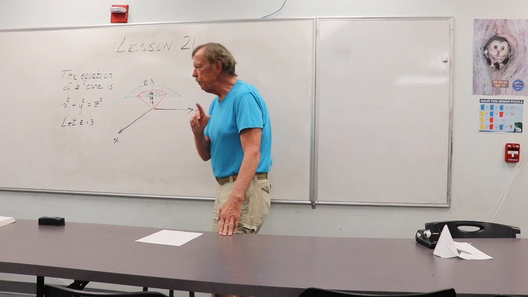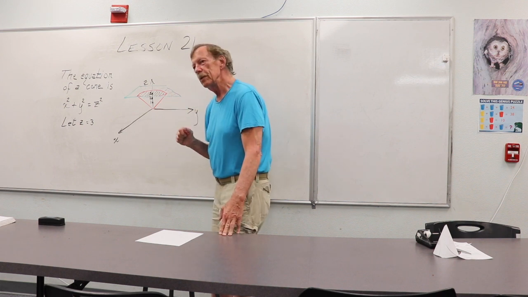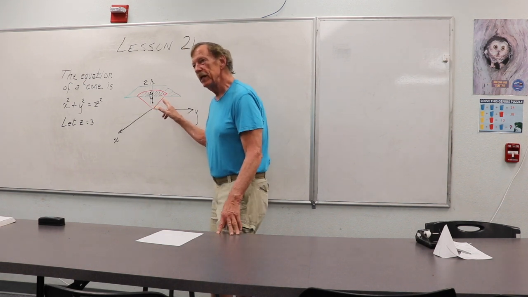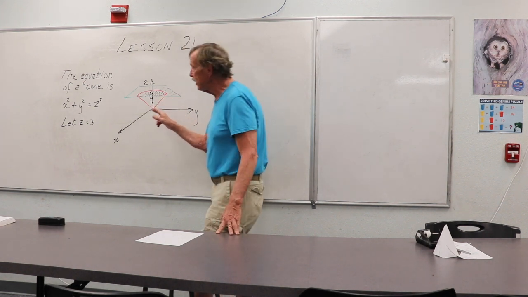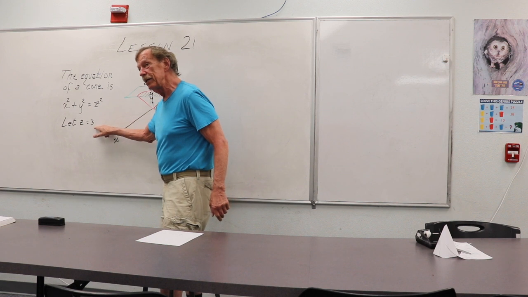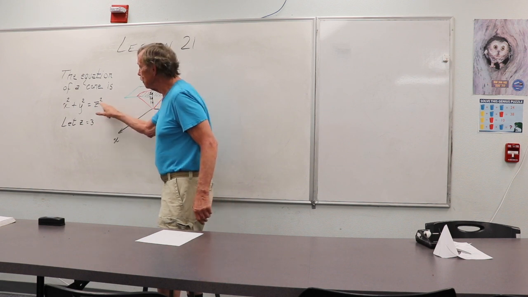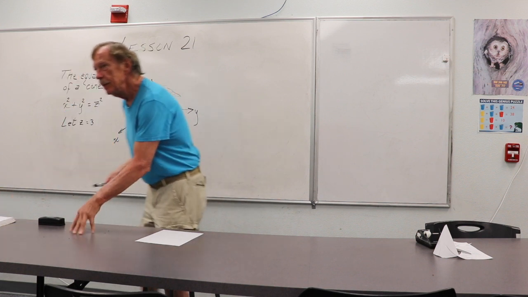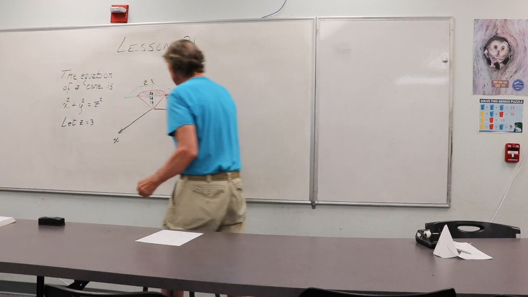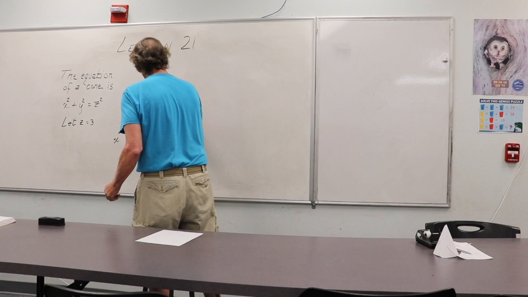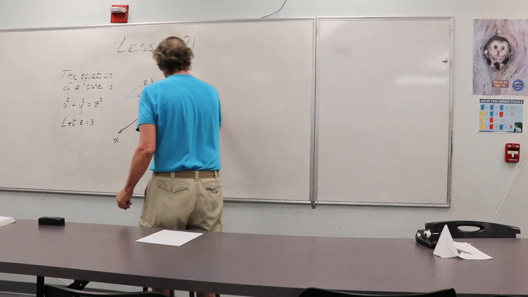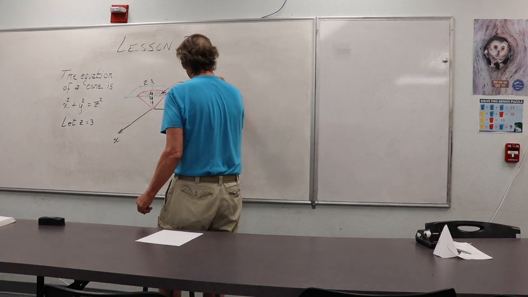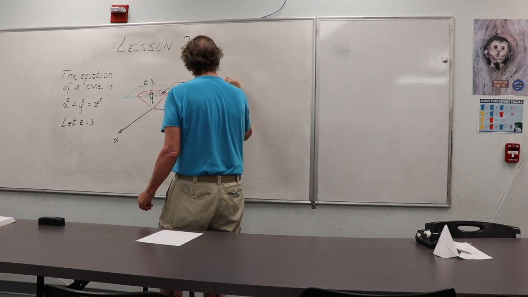But what happens here in the circle? Well, now we have a circle in 2 dimensions, and we recognize it because if we put 3 in here for z, we get the equation of this circle, x squared plus y squared is 9.